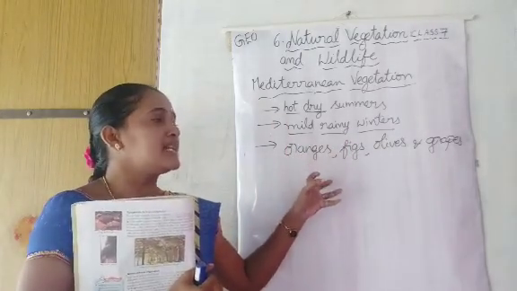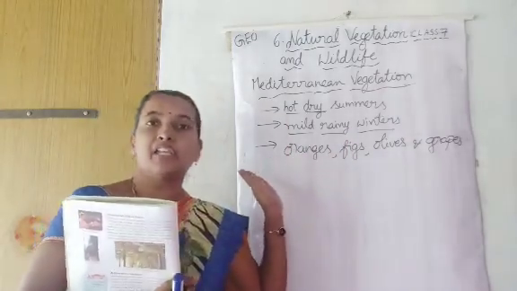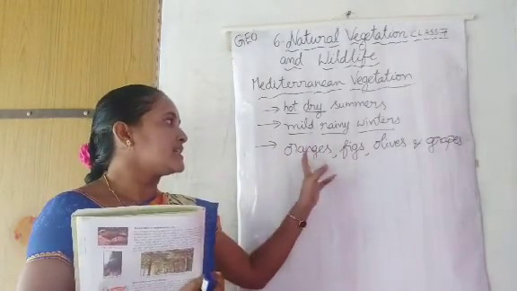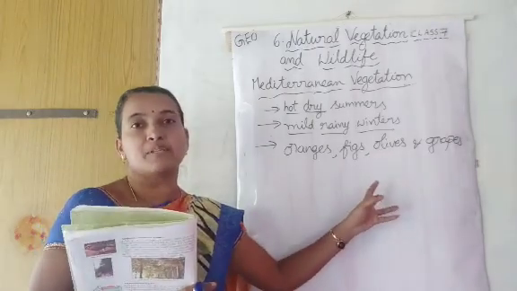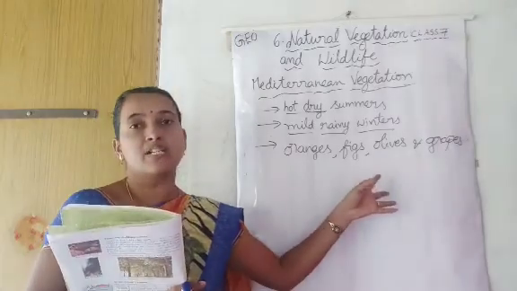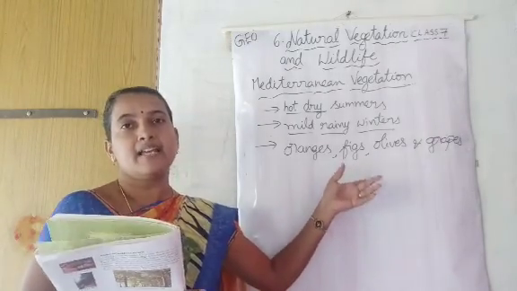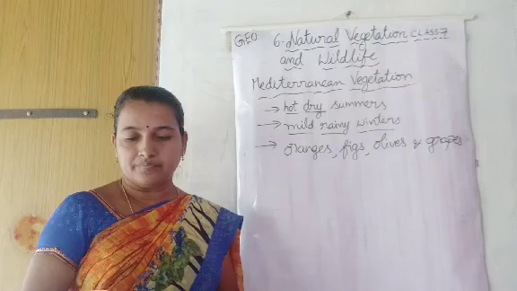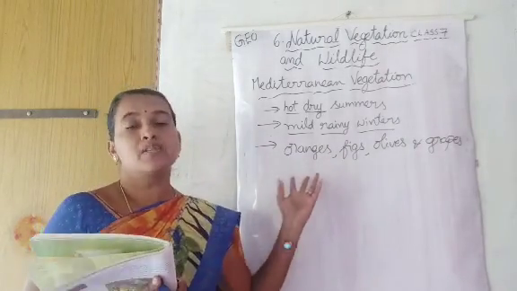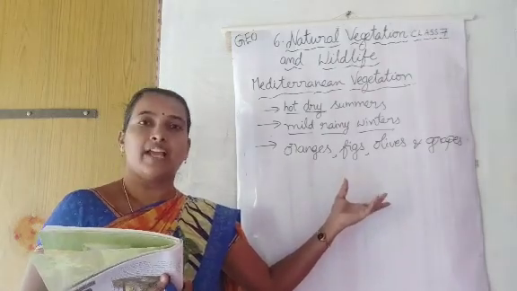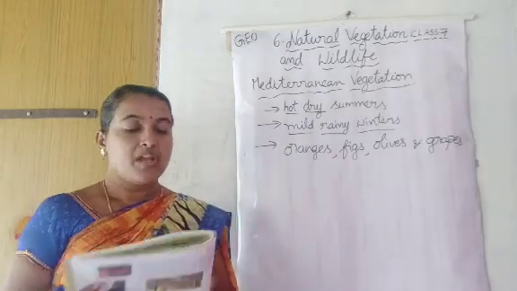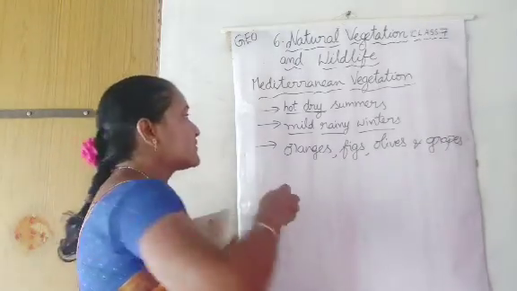But the farmers removed the natural vegetation and planted these gardens of oranges, figs, olives and grapes for commercial, business purposes. There isn't much wildlife there, because when people occupied the land, there was no chance for wildlife.